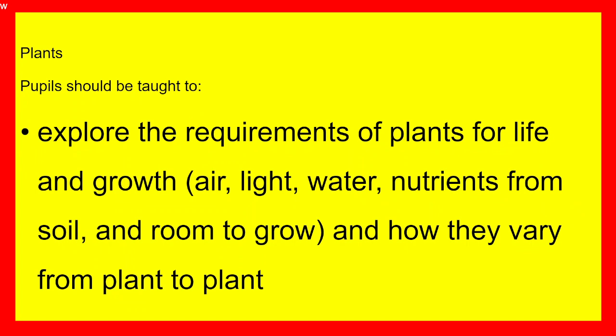They should be taught to explore the requirements of plants for life and growth, like air, light, water, nutrients from soil, and room to grow, and how they vary from plant to plant.